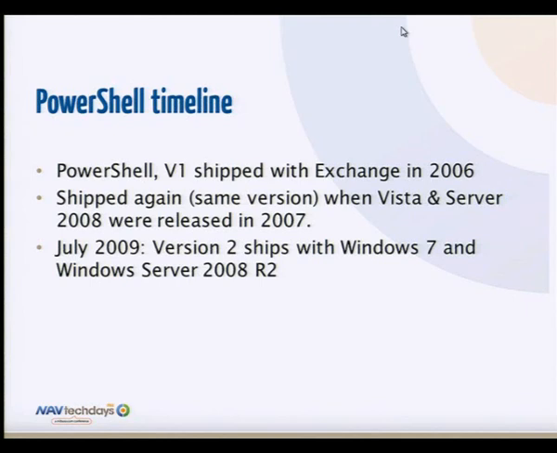All the administrative tasks were handled in VB script and other script languages, and it was a messy thing that grew over time and was very hard to maintain. They needed something new, and some other teams invented this PowerShell and got their heads together and started to use it, and Exchange Server was an early adopter, and therefore they shipped together with Exchange in 2006.